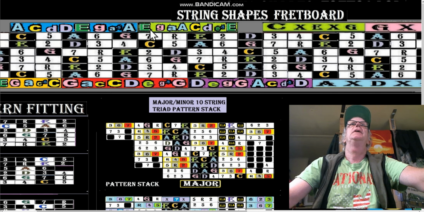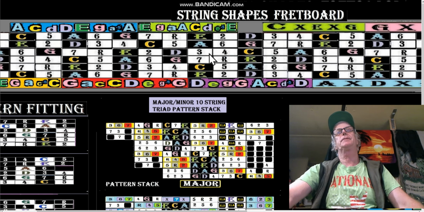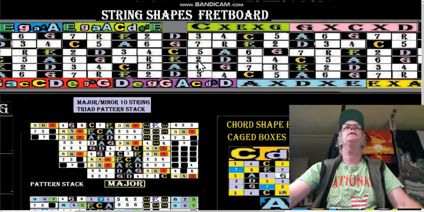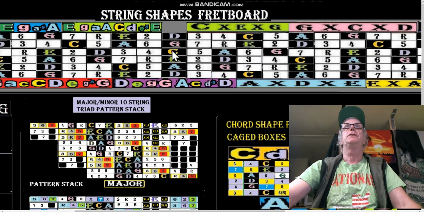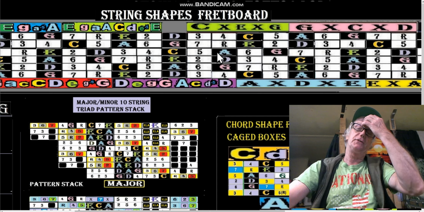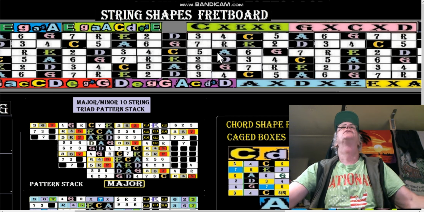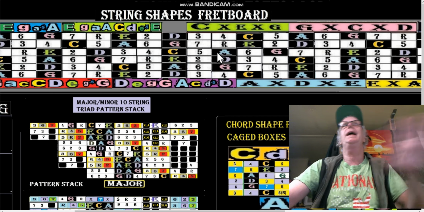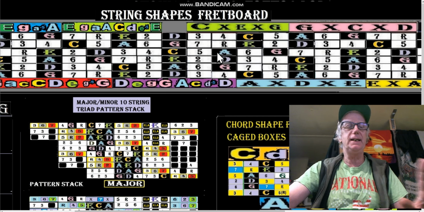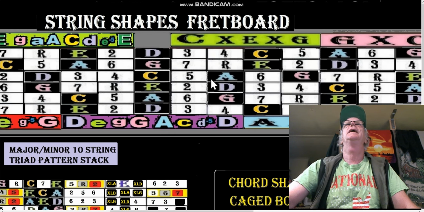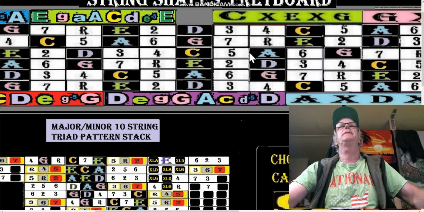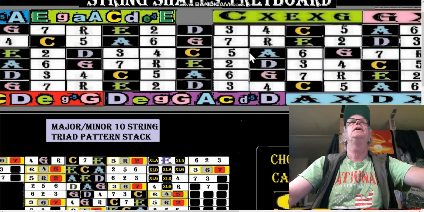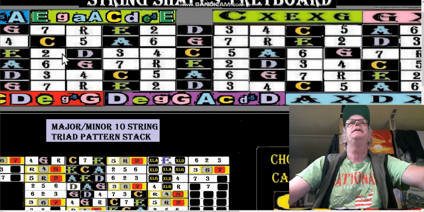A and E are neighbors, but it's more than just the chord shapes. It's everything. It's the chord shapes, the scales, and also the string shapes.